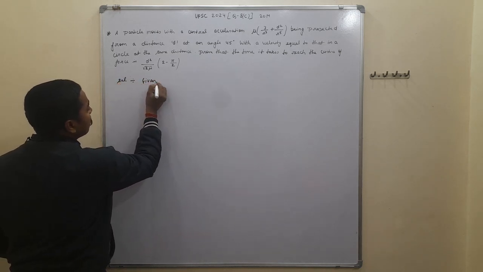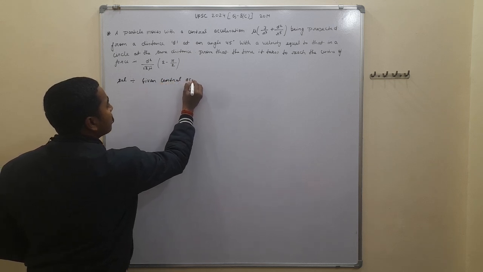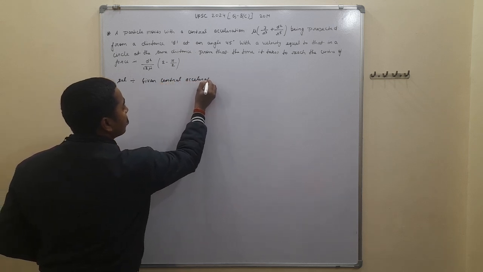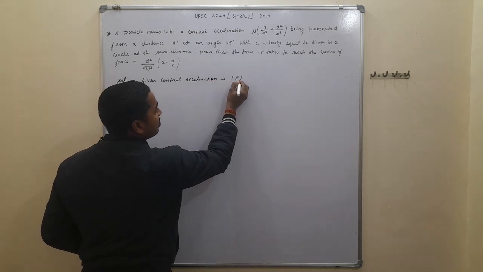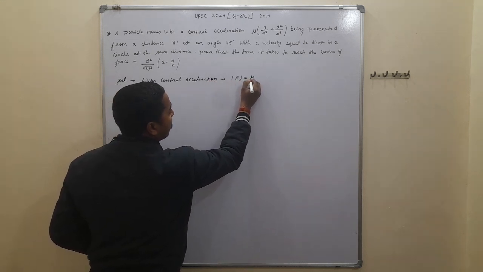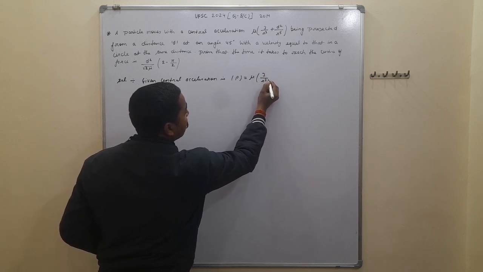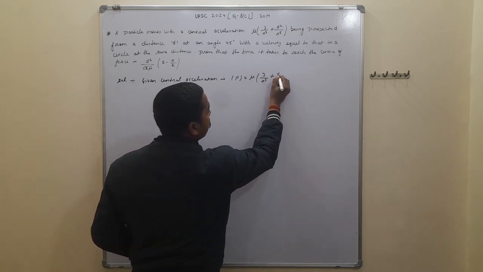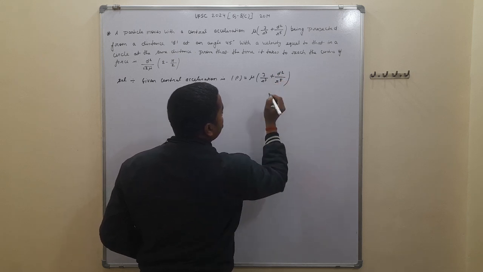Given: central acceleration is P equal to mu times of 3 upon r cube plus d square upon r to the power 5.